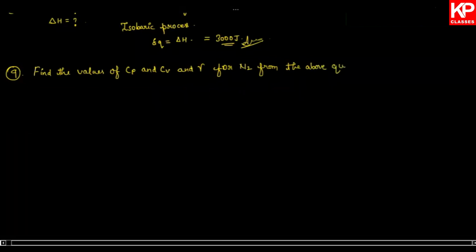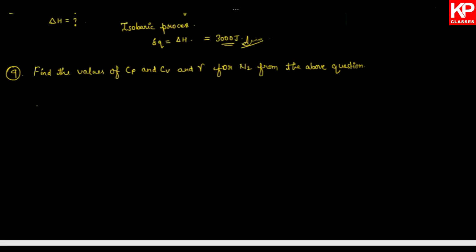Above question is done, right? It is quite simple. We have already generated the expression for their relation in our last class. Use them and you will be directly getting the value of Cp, Cv and gamma.